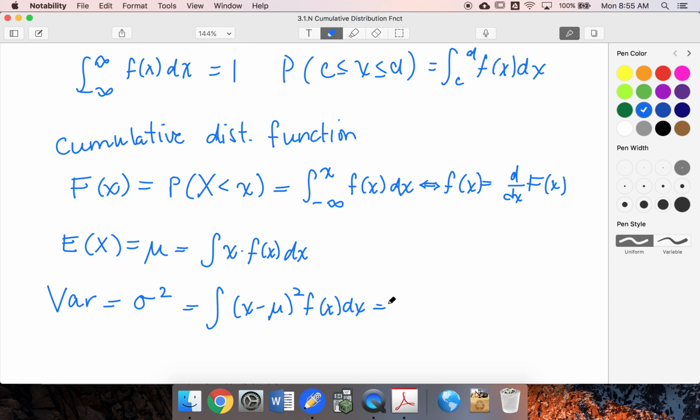If I expand this, I get expected value of x minus mu squared.